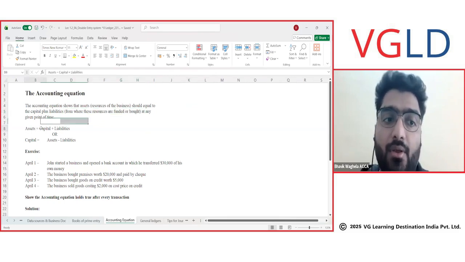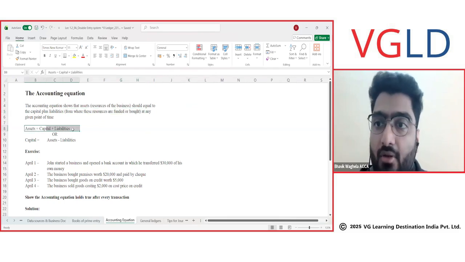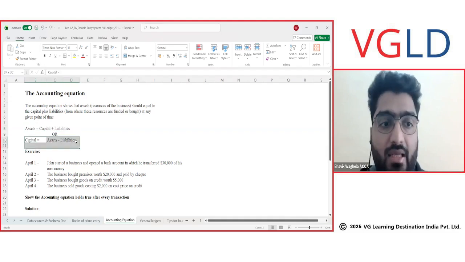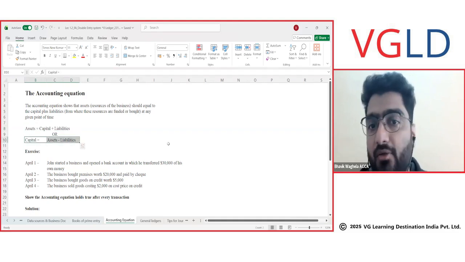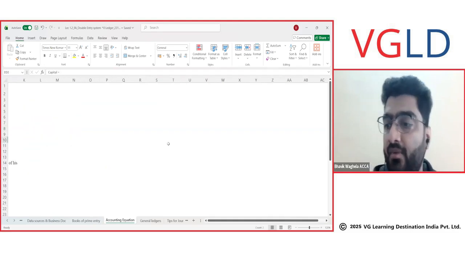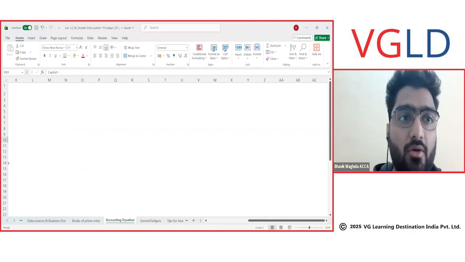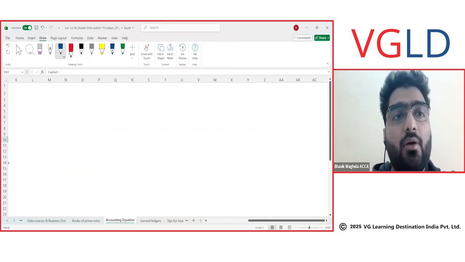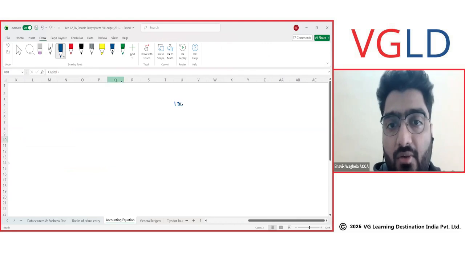So assets is equal to capital plus liabilities, or what we can say is capital is equal to assets minus the liabilities. Now, please try to understand the logic behind this. We wanted an asset worth $100 million.